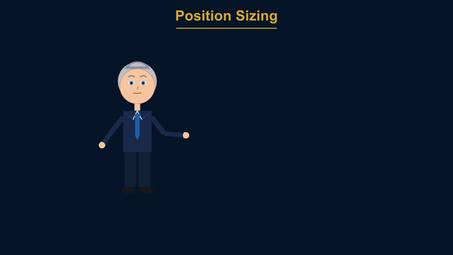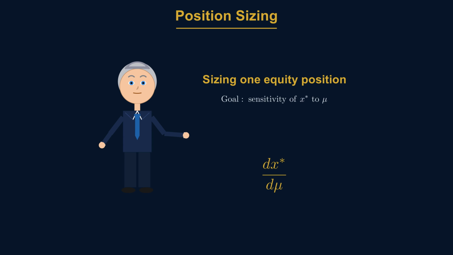Victor puts down the letter. Today he's sizing a single equity position in his fund. The question he wants to answer is how much his optimal weight in that position should shift when his forecast for the position's expected return shifts. In notation, that's dx star d mu, the derivative of optimal weight with respect to the expected return. The position sizing formula gives weight as a closed form function of expected return, so the direct method works cleanly here.